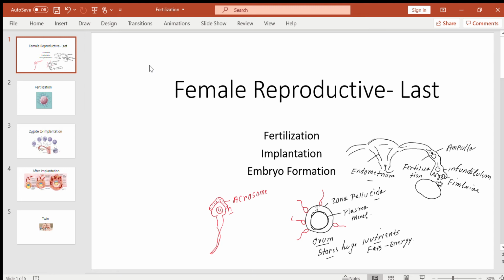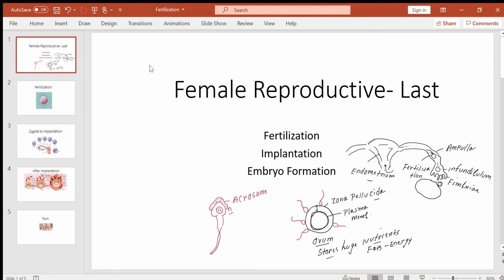So this chemical is very important to break the wall of the egg or the zona pellucida. Okay, because you just think that the sperm must penetrate, pass through this tough layer around the egg.